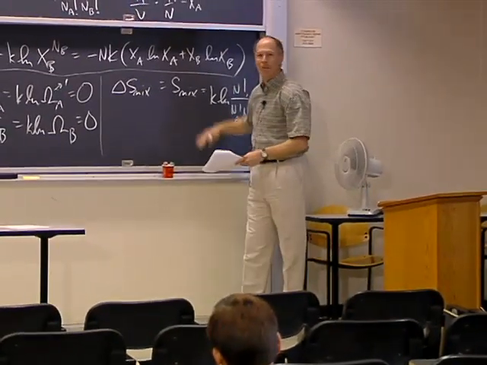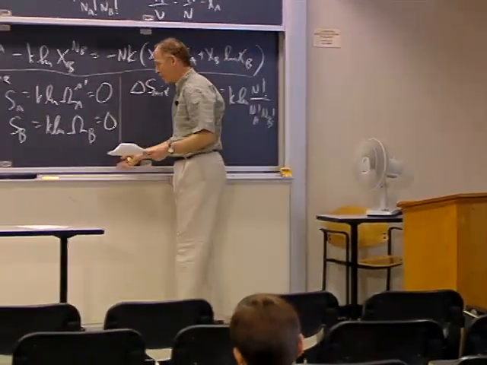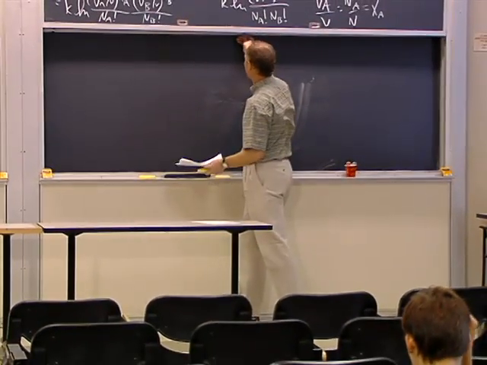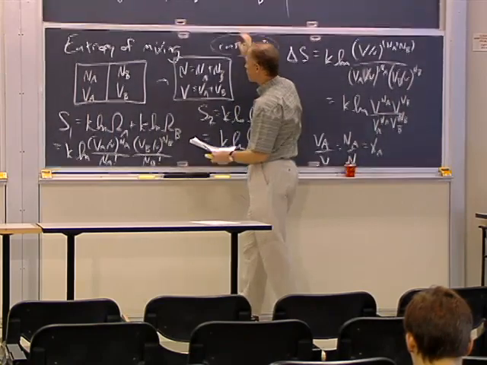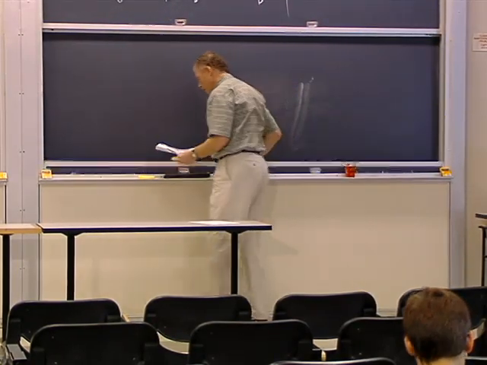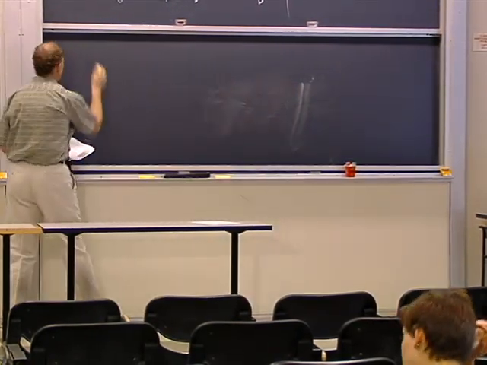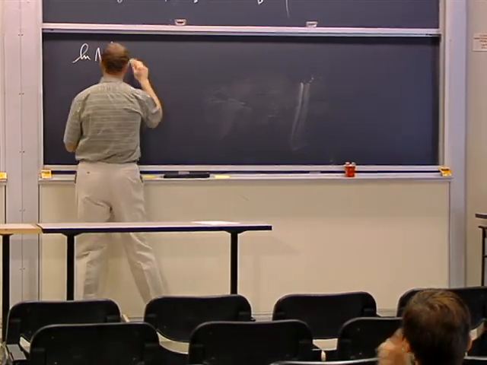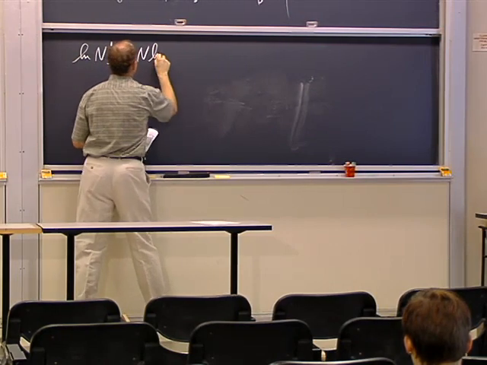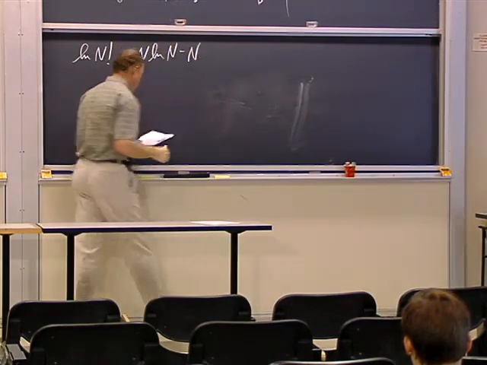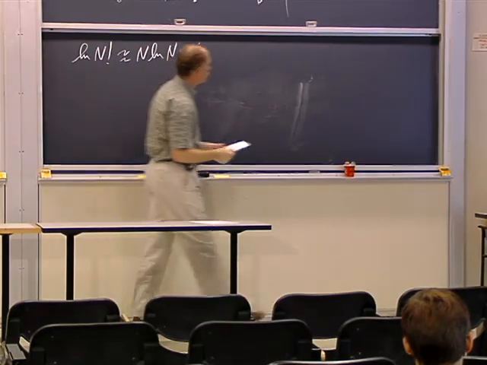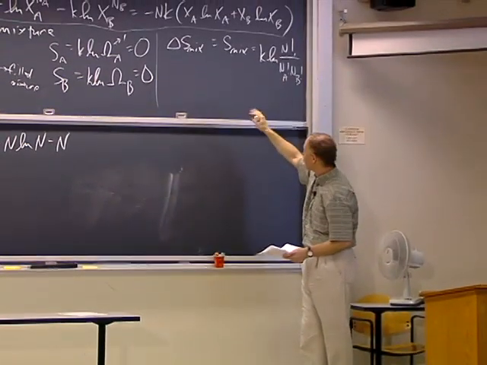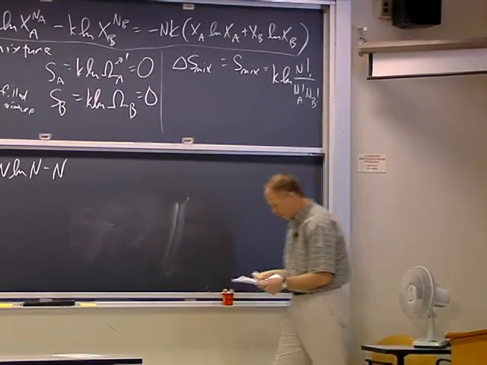Okay? And that means we have to deal with them. But it turns out it's not too bad to deal with them. And we're going to use Stirling's approximation that I introduced before. So the log of N factorial is approximately equal to N log N minus N. Okay? So let's just break that out then and use Stirling's approximation for each of the factorial terms.